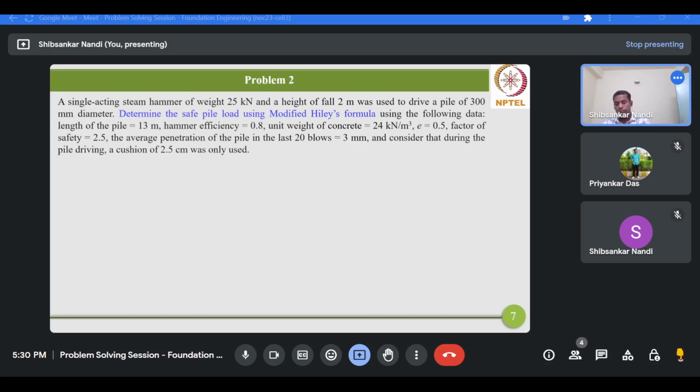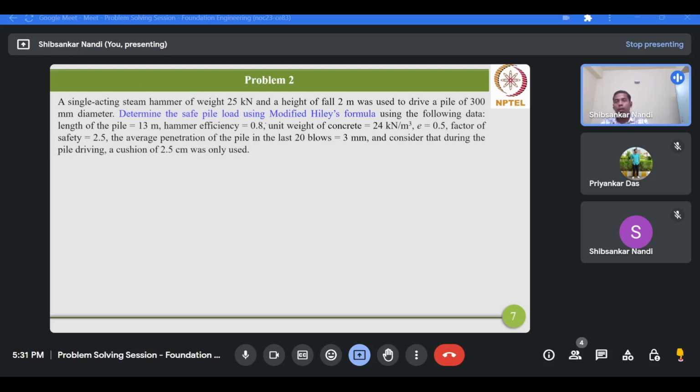So the problem statement is like that: a single acting steam hammer of weight 25 kilonewton and a height of fall 2 meter was used to drive a pile of 300 mm diameter.